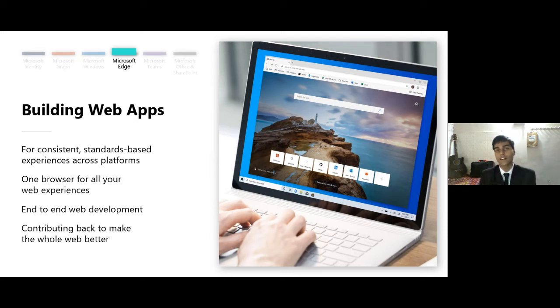And if we are mostly using Windows 10, the browser for such an efficient system is Microsoft Edge, and it has end-to-end web development. So everything being developed is really responsive and very good in time. Time scaling is very good, and it contributes back to the whole web better.